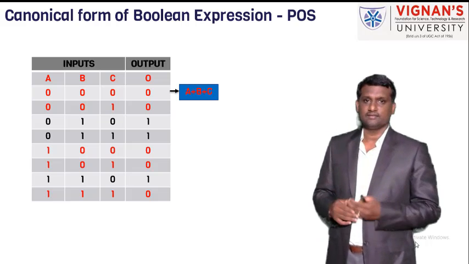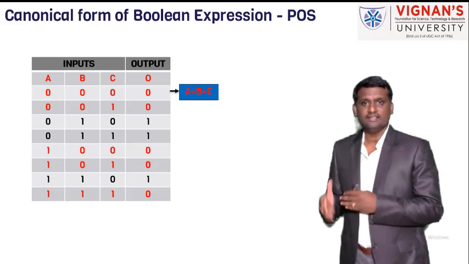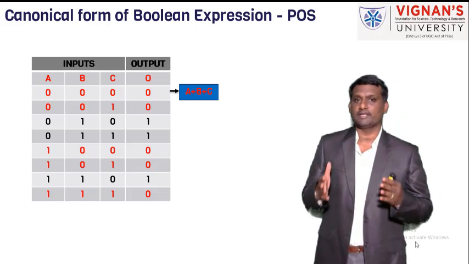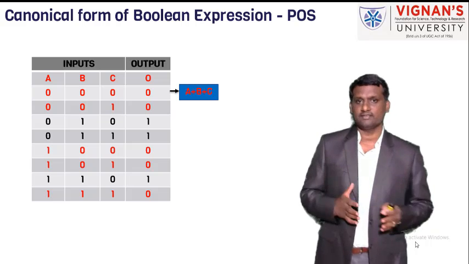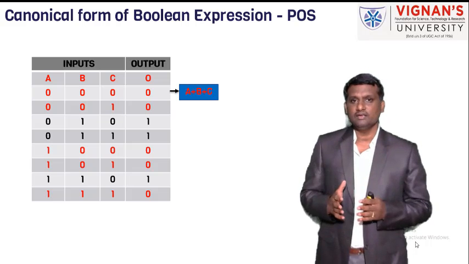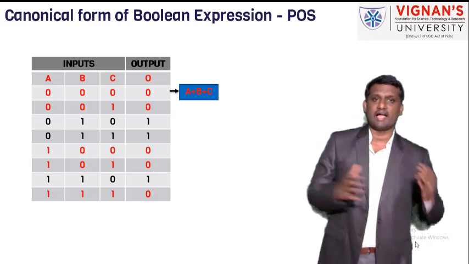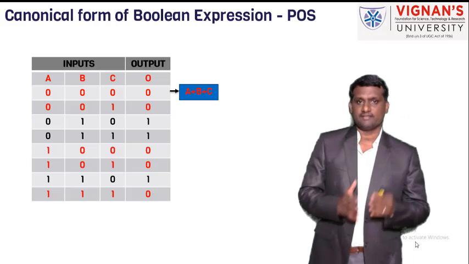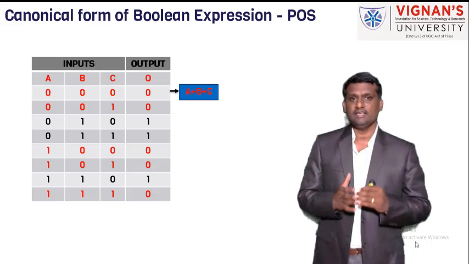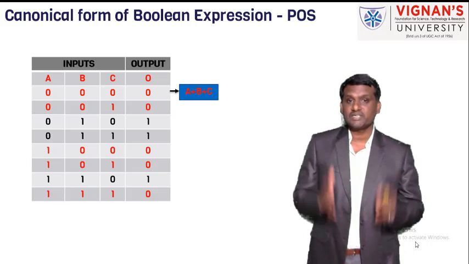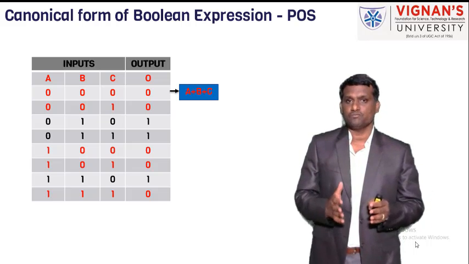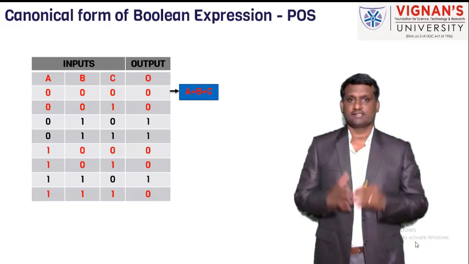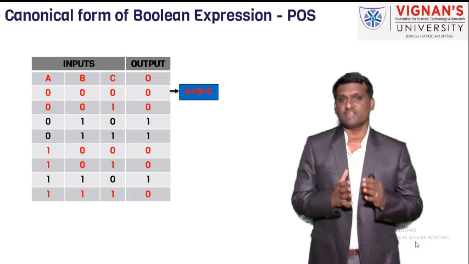So in this combination, all the 3 variables are 0. That's why we have to consider all direct variables. But each variable should be added to the other variable. That's why A plus B plus C is the sum term for the combination of ABC.